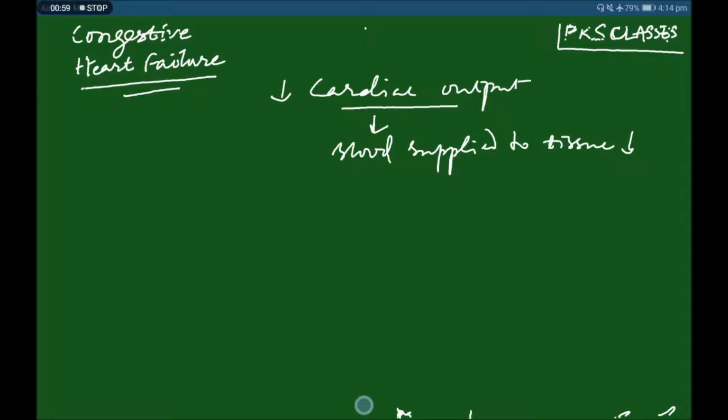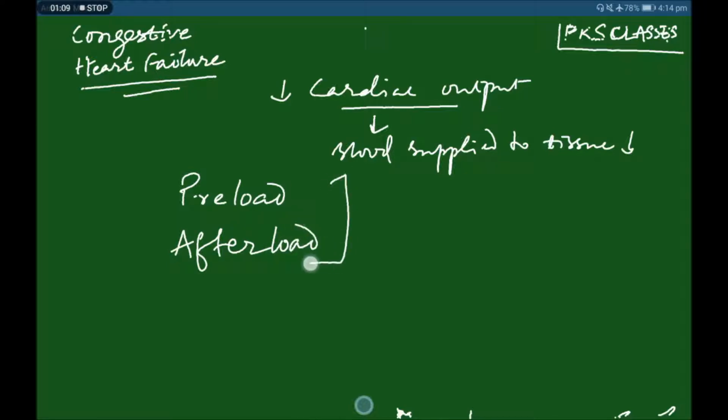Okay, so to understand this, let us discuss two terms. One is called preload and the other is called afterload. And preload and afterload together we can call the workload of heart. The main function of heart is to pump the blood to different tissues.